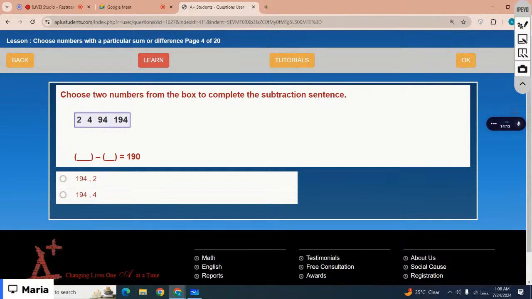Choose two numbers from the box to complete the subtraction sentence. When you subtract two numbers, the difference is 190. Which is the correct option?